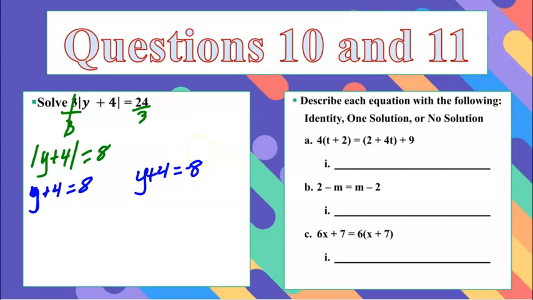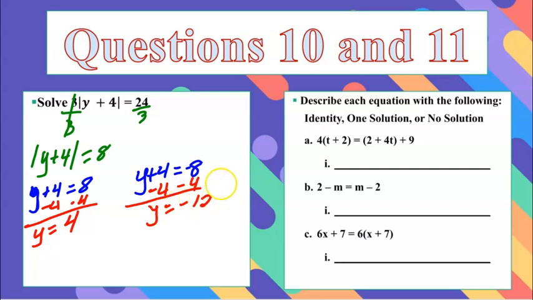Because remember, absolute value is the distance from 0 in both directions, to the right of 0 and to the left of 0. Now we just solve for y, so I'm going to subtract 4, and that gives us y equaling a positive 4. And on this side, I do the same thing. I subtract 4, and y is going to equal negative 12.